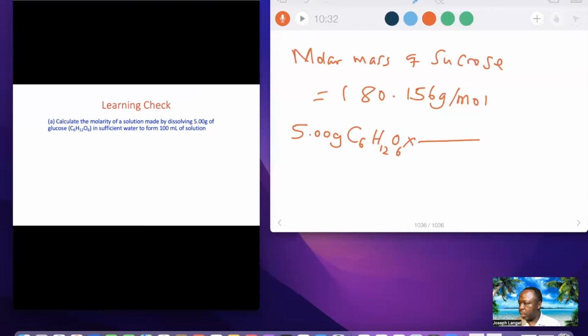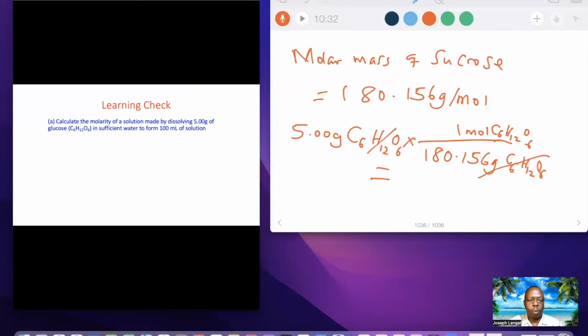The molar mass is 180.156 grams of sucrose, C6H12O6. This is 1 mole of C6H12O6, so grams cancel grams. What I'm doing here is just changing the grams to moles.